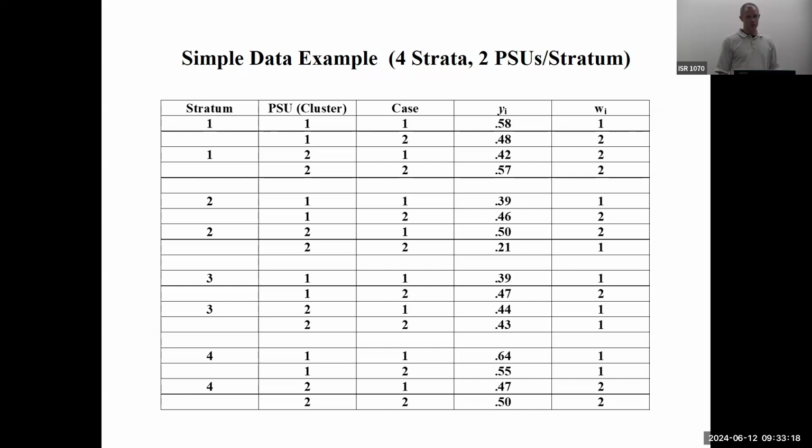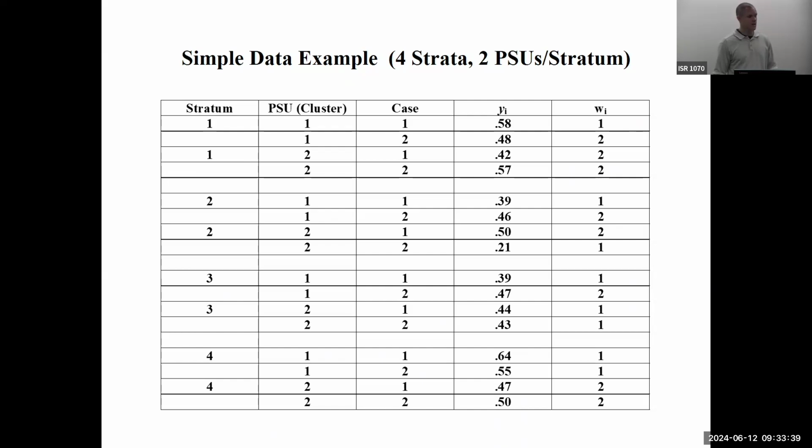How many degrees of freedom do we have for variance estimation based on this data set? Number of clusters. Yep, so how many is that, Isra? We have 2 clusters per stratum, right? So how many degrees of freedom do we have overall? 7.